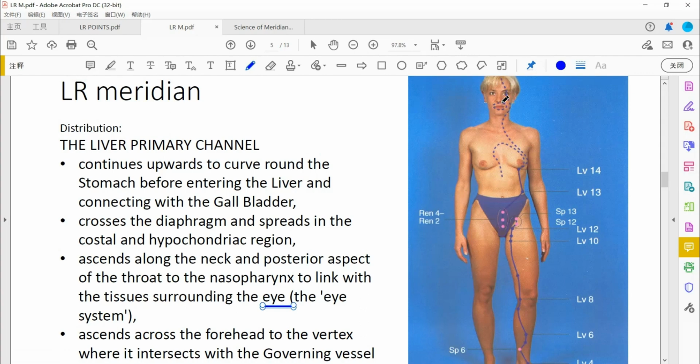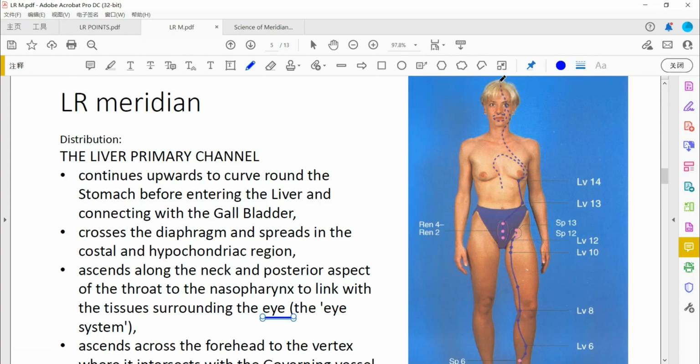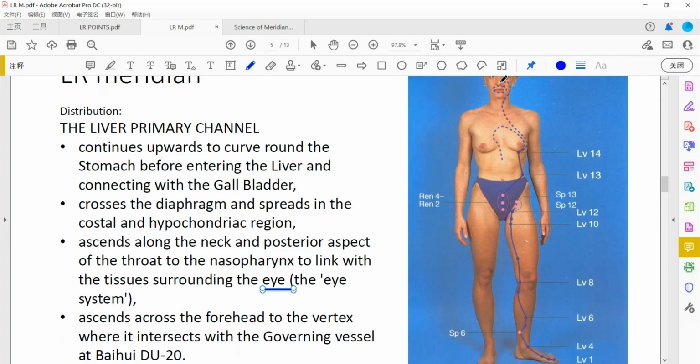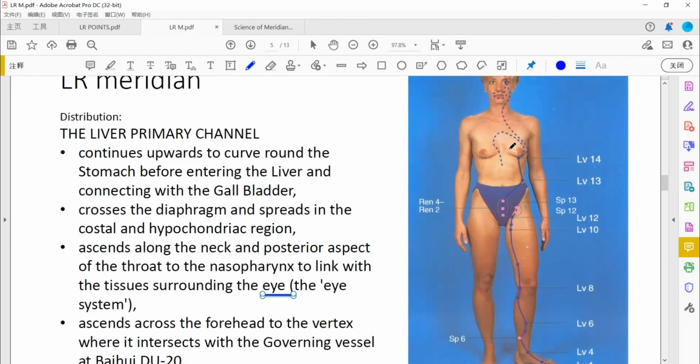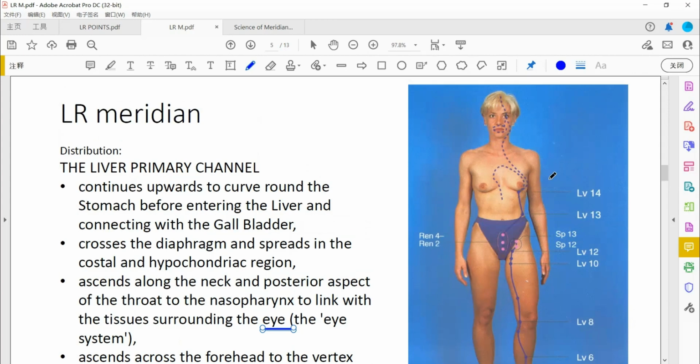And it continues to ascend across the forehead to the vertex. The vertex is the highest point of the human body. So here, that's GV20, the highest point, 百会. Connect with 百会.